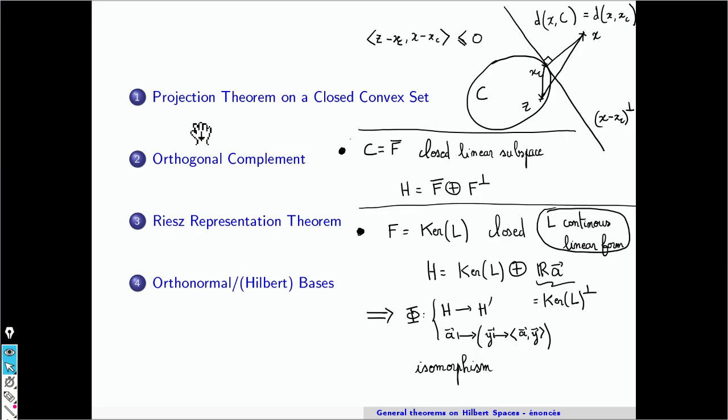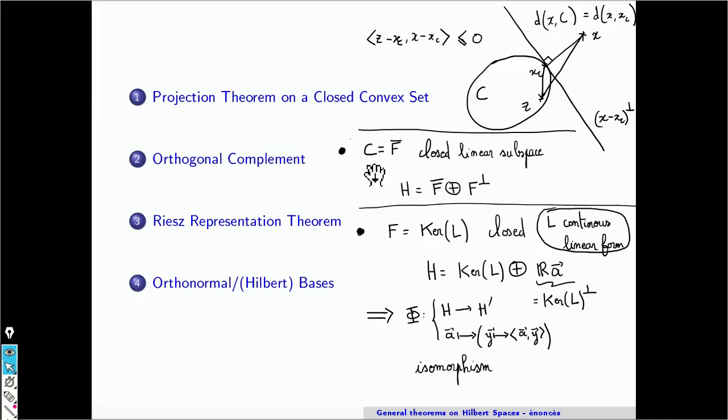So up to now, we have seen the projection theorem on a closed convex subset. For any x, there exists a unique point in C which minimizes the distance between x and C. It is such that for any z in C, the inner product of z minus xc with x minus xc is negative.